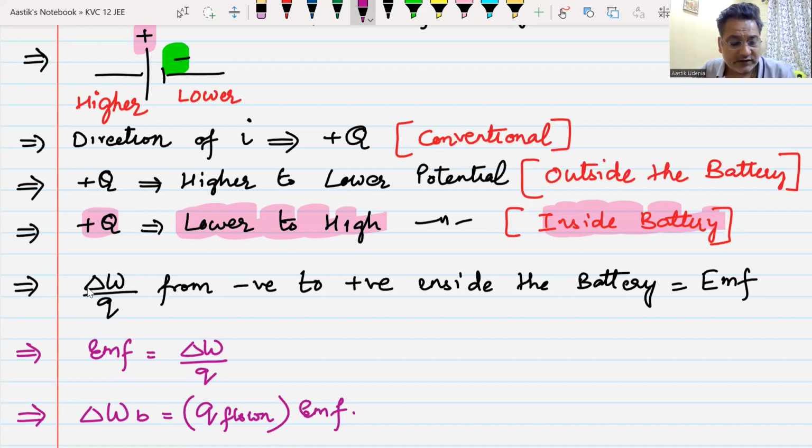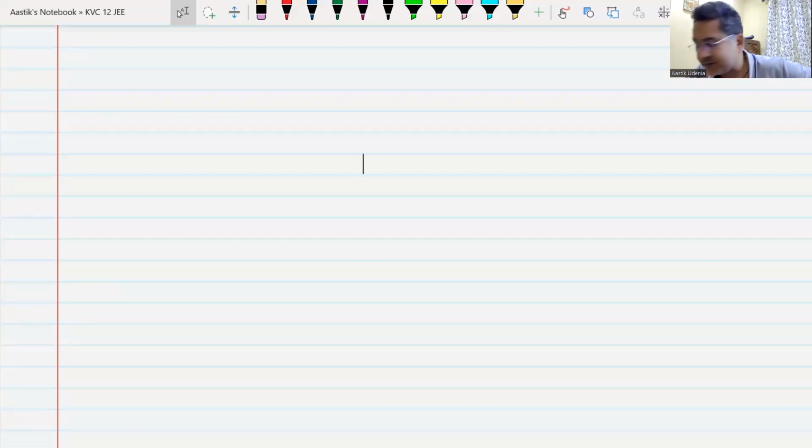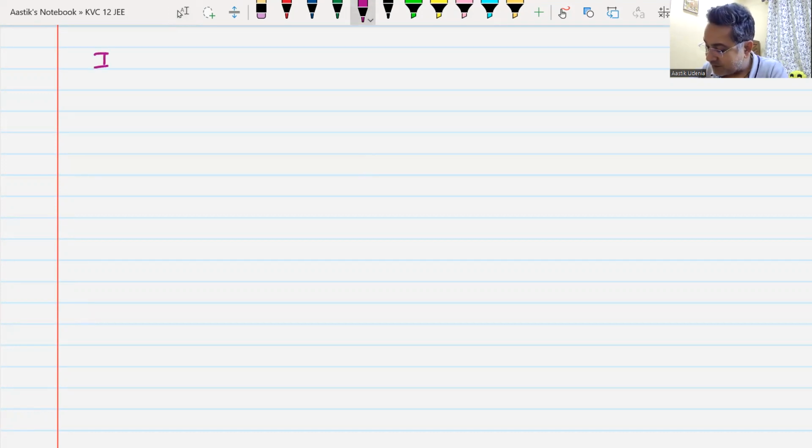The next thing that you have to understand is whenever we talk about this battery, there are two types of battery that we may encounter. Do you know what are the two types of battery that we may encounter? The first type of battery is known as an ideal battery.